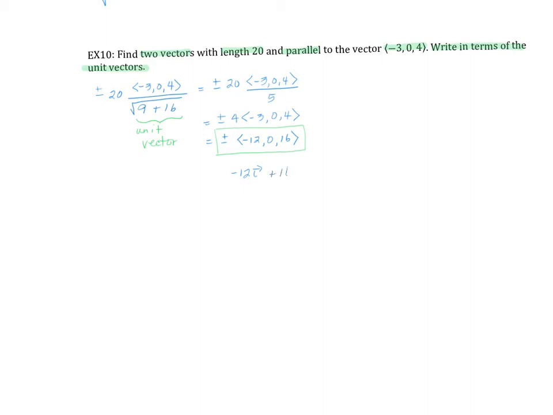I'm going to do a plus 16k. So that would be one of the vectors. And the other vector would be the negative, so that would be a positive 12i minus 16k. All right, so these are my two vectors that are parallel to my original vector with a length of 20.